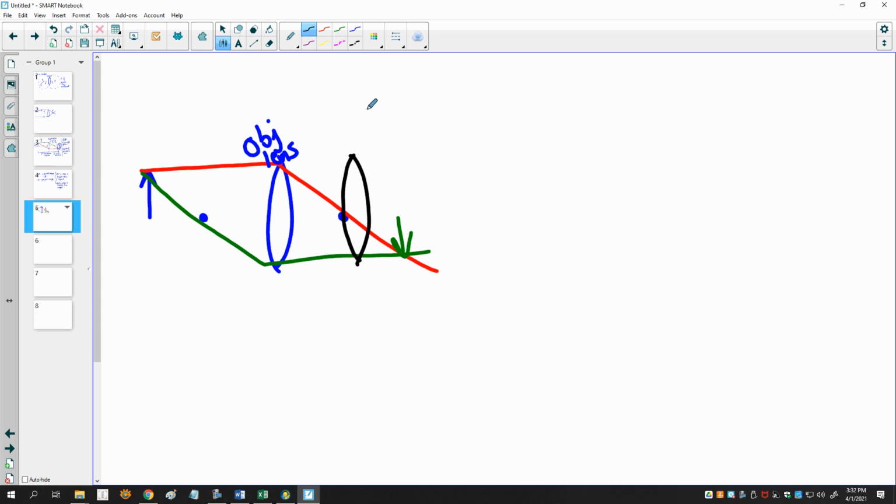And it's going to create an image that is going to be right about here. So this is our virtual object right here. And this is our final image.